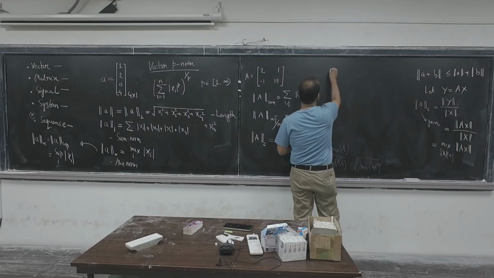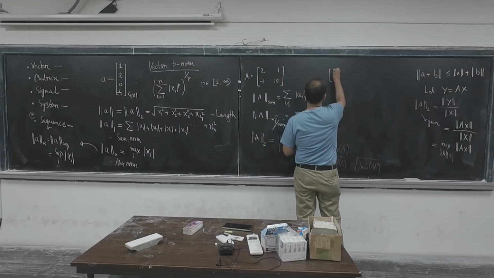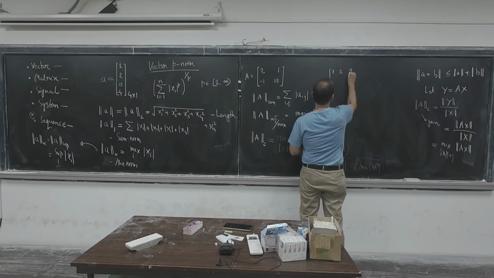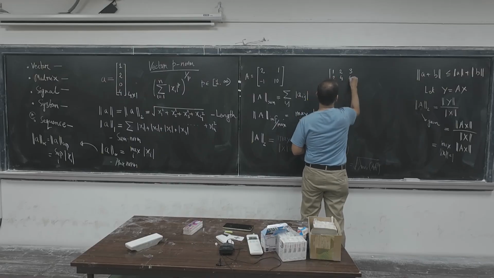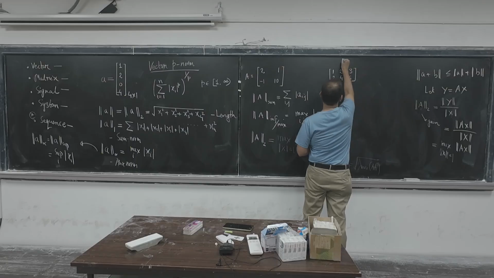Let's say you have this example. Suppose this is A. We are taking a fat matrix.